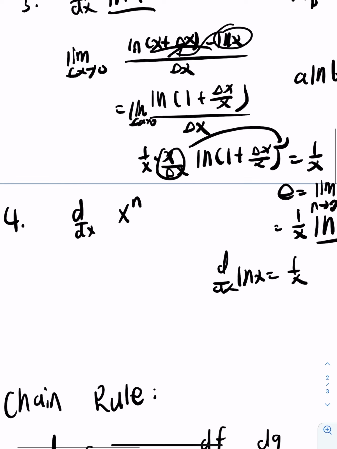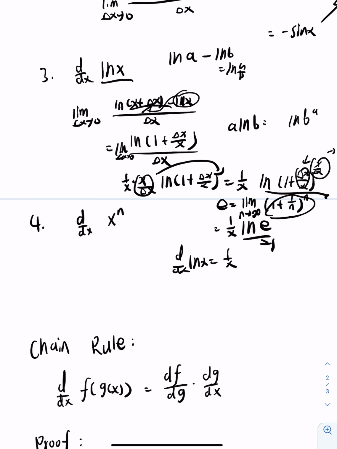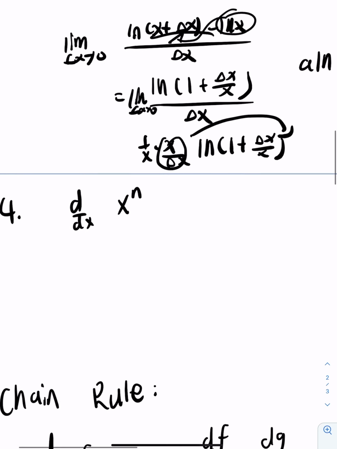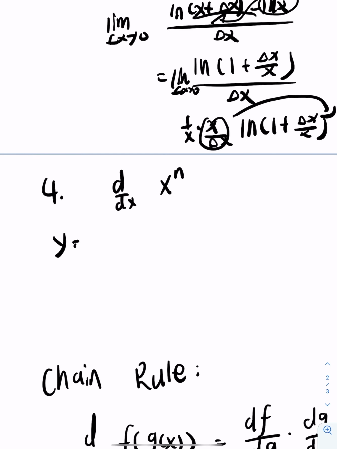And now we take a look at the derivative of x to the power of n. So now we set a function y equal to x to the n, and we take the derivative of y. This way is better.